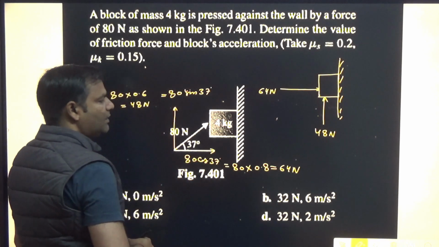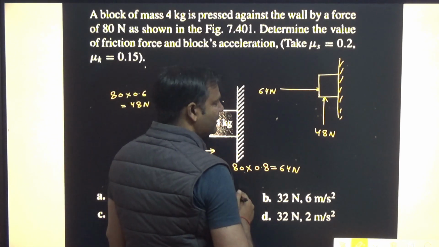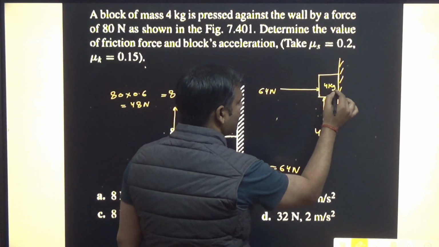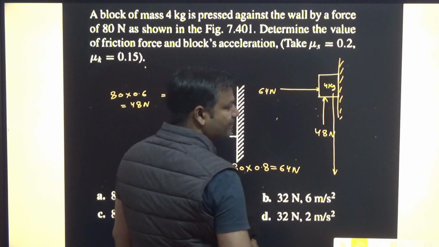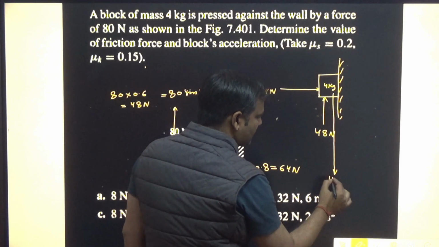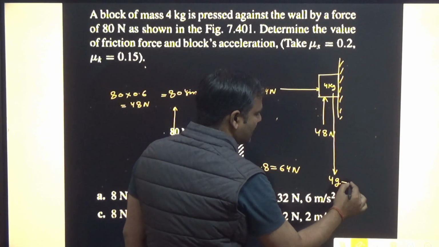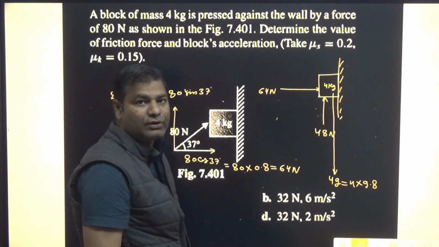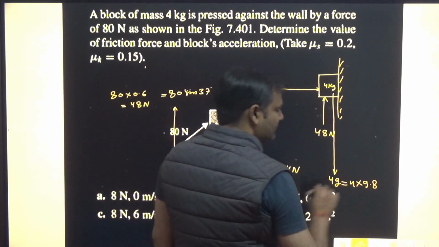Clear? Now, if you make the free body diagram of the 4 kg block, due to gravitational force, it works downward, that is 4g, 4 into 9.8. We select g equal to 9.8, that is okay.